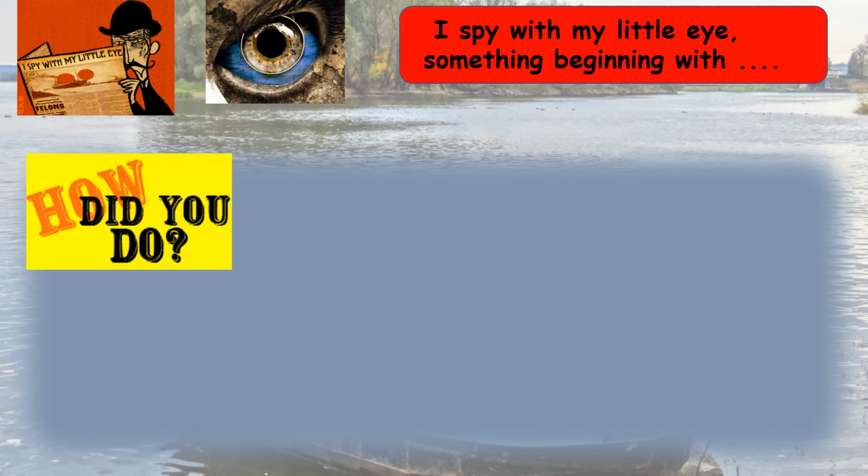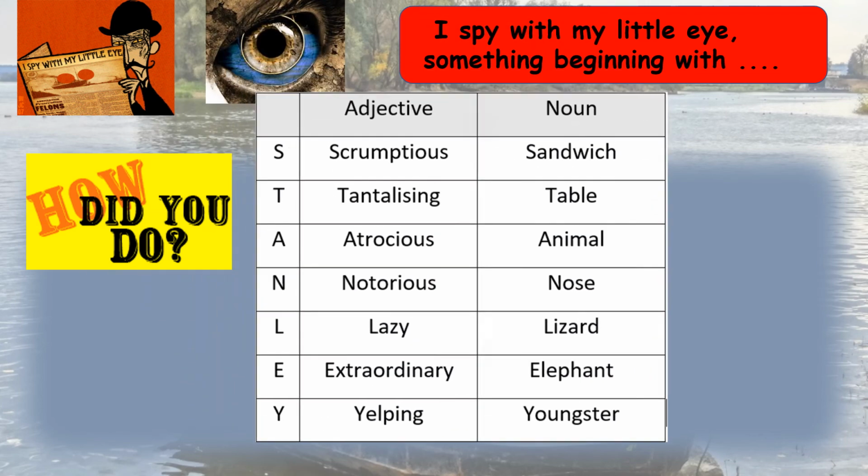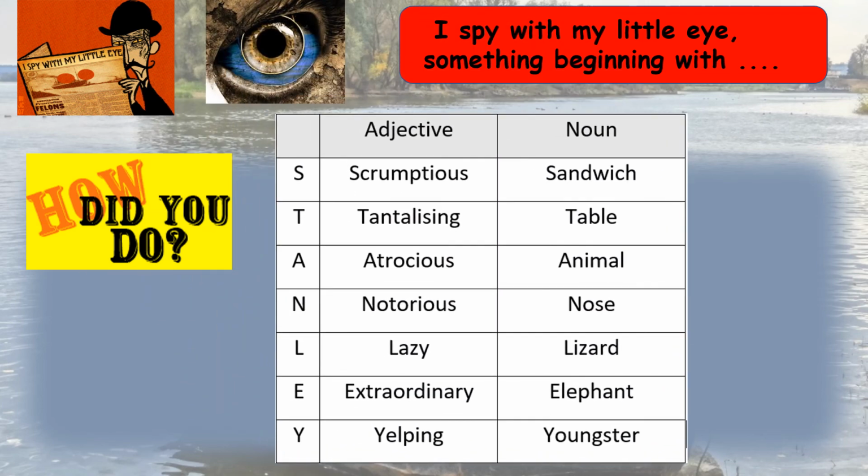So how did you do with I Spy with My Little Eye? It was a very difficult task, but let's see. These are some of the things that I got: tantalising table, atrocious animal, notorious nose, lazy lizard, extraordinary elephant, and this I think was the hardest.